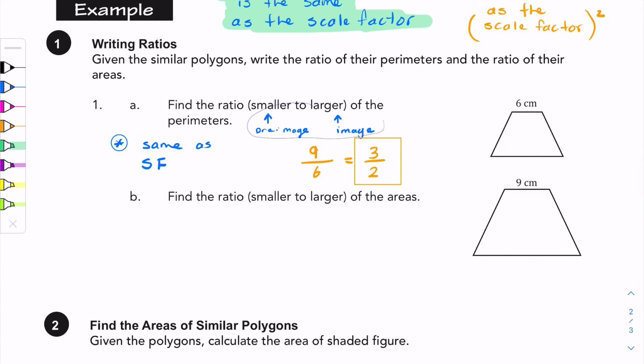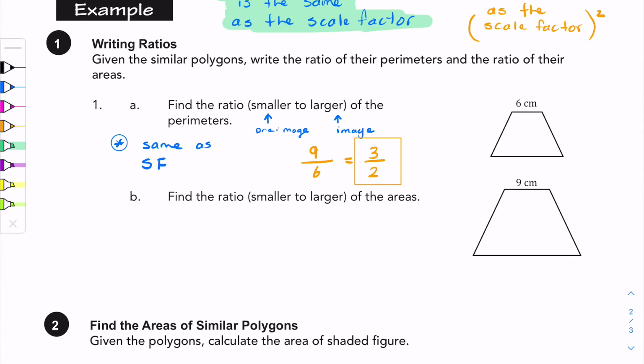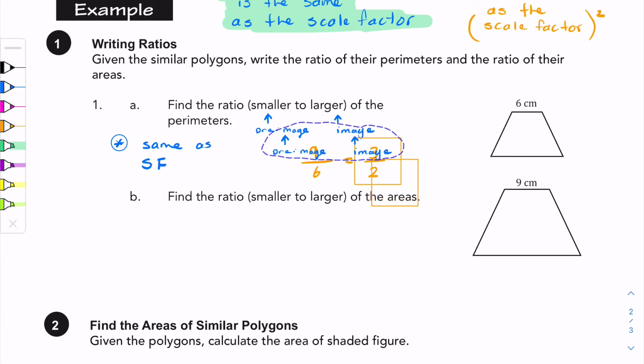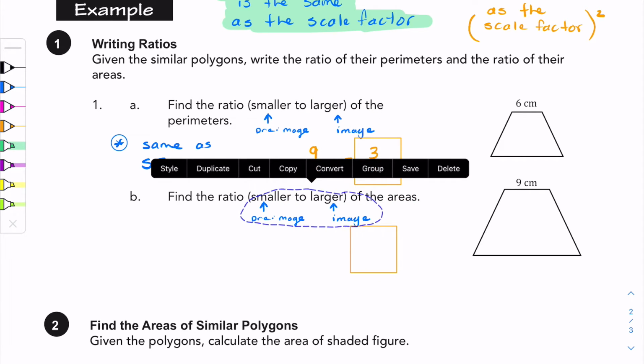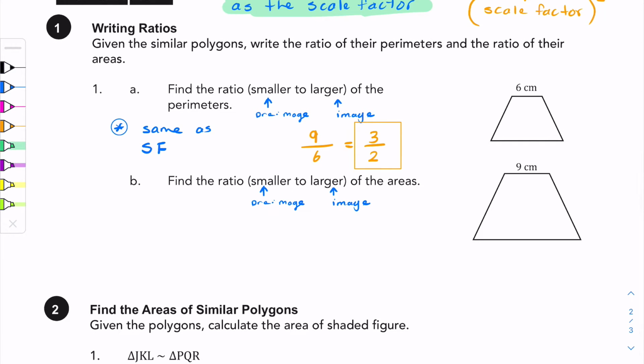For part 2, or part B, now we are asked to find the ratio of the areas. So we're going to look at the same thing here. We're going to identify the smaller figure as the pre-image, the larger figure as the image. We know that the ratio of the areas is the same as the scale factor squared.